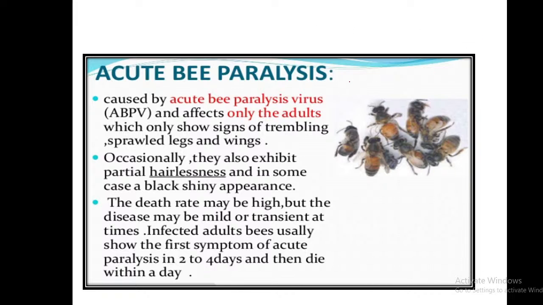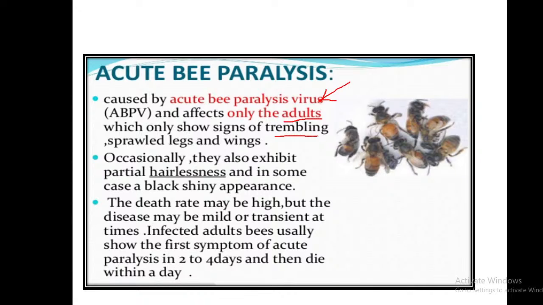Acute bee paralysis virus affects only the adult. ഇത് adultനെ മാത്രമേ affect ചെയ്യുള്ളൂ, which only show the signs of trembling. ഞാൻ പറഞ്ഞു ഇന്നലെയും the trembling means paralysis means that they won't be able to move. So you can see these bees lying around the honeybee hive in the chuttum.